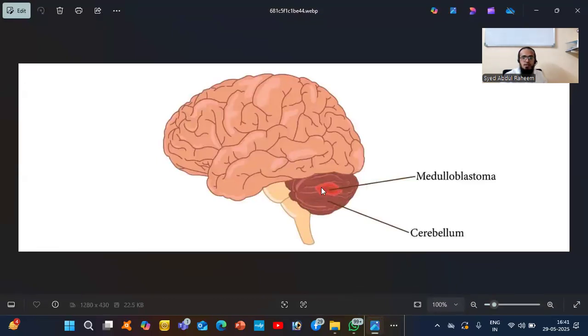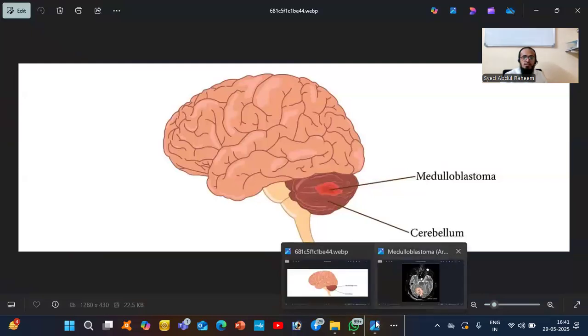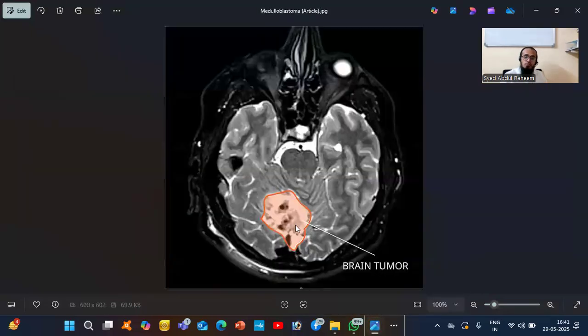In that the tumor, you can see medulloblastoma. How it looks like in the scanning, you can see this is the brain tumor medulloblastoma. Okay, so this is the cancerous. It is also seen in mostly 0 to 10 years children.